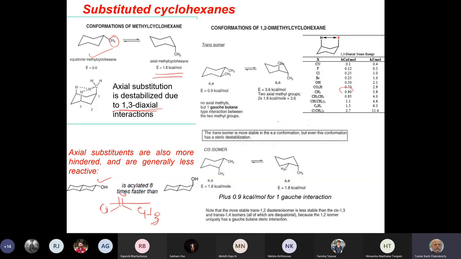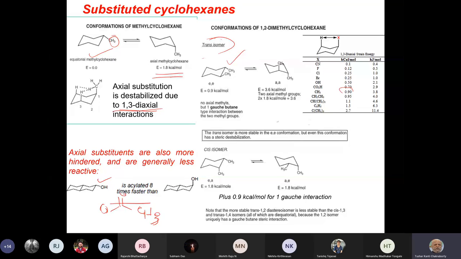If you have a 1,2 disubstituted compound, and if it is a trans isomer, then you get the diequatorial, which is more stable than the diaxial, because as I said, a 1-methyl gives rise to two 1,3 diaxial interactions. Two of them amount to 1.8 kilocal per mole, and two methyls will give rise to 3.6 kilocal per mole.